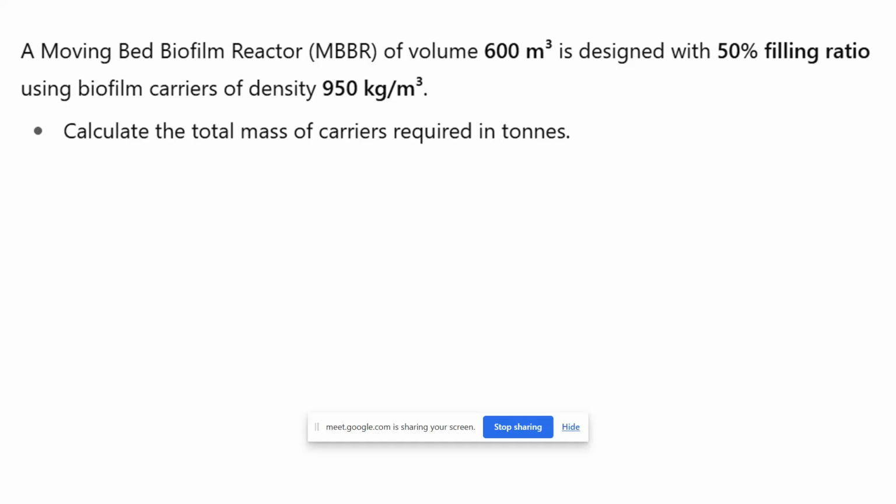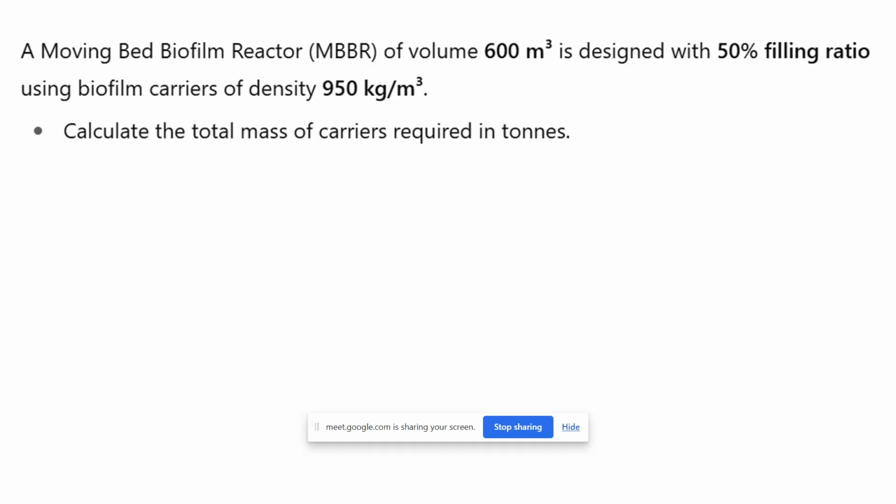However, the density of the carrier is equal to 950 kg per meter cube. Density is equal to mass by volume.